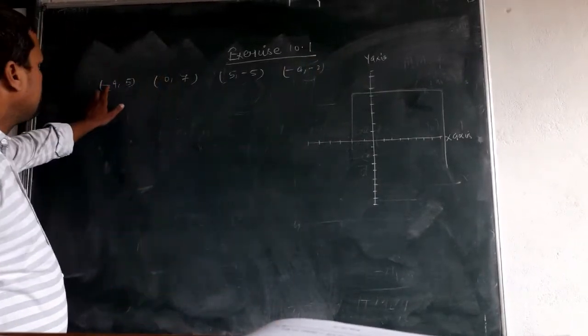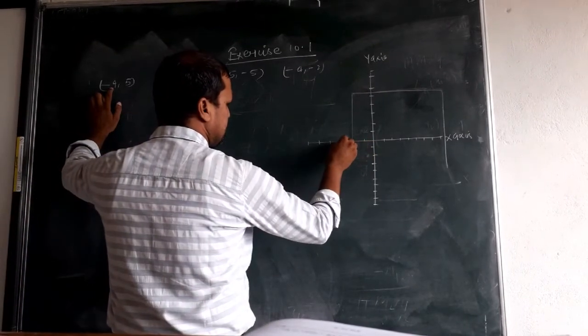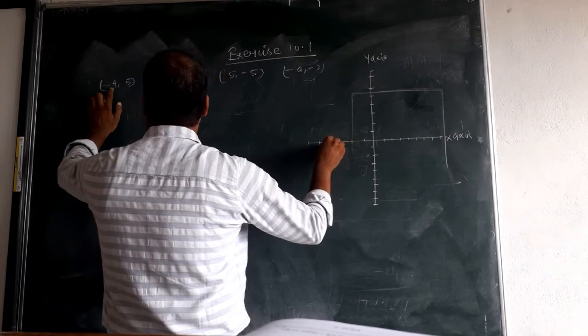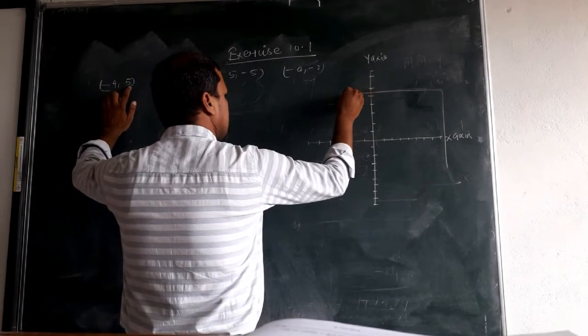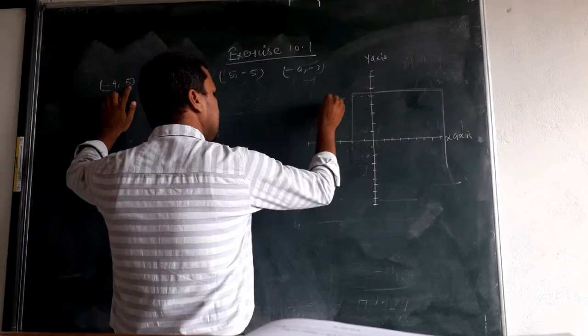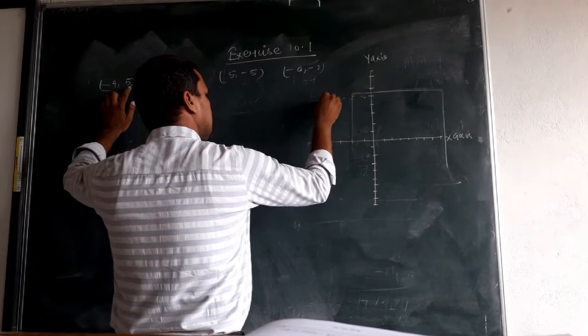So x equal to -4, 1, 2, 3, 4, and y equal to 5, 1, 2, 3, 4, 5. Where they meet, that is the point. This point is A.